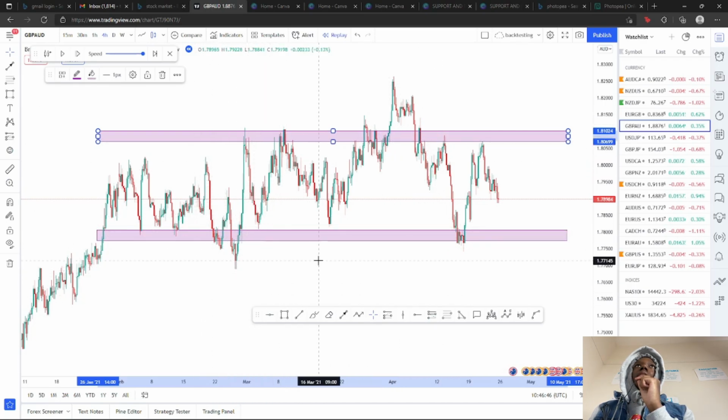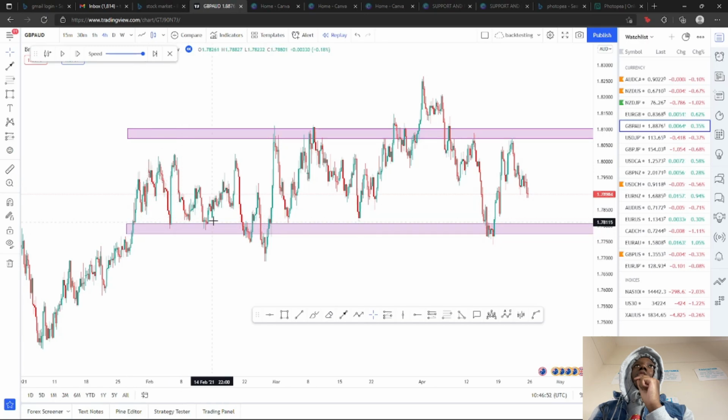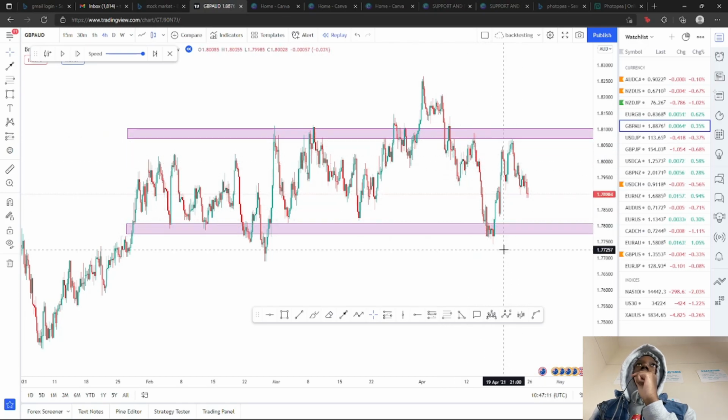These things trap people on the wrong side of the market, guys, so you need to look out for them. But as you can see, we are buying low. Every time price reaches the zone, the market has been looking for the buying opportunities to the upside, guys, and every time price reaches this resistance, guys, you can see the market is looking for the selling opportunities to the downside, guys. And then over here you see price broke out, but it did come back down and look for the selling opportunities, and so on and so forth, guys.